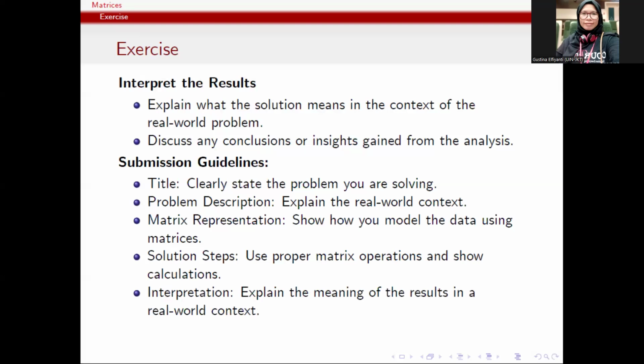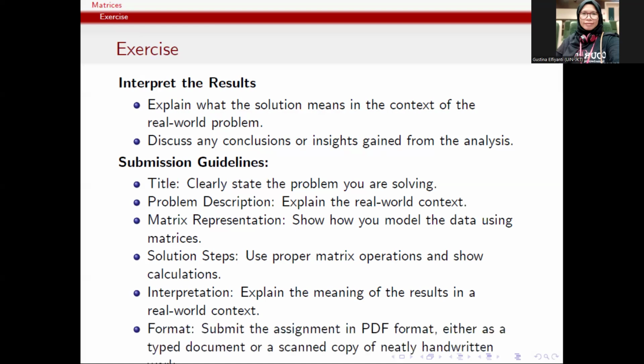And for interpretation, explain the meaning of the result in a real-world context. Please submit the assignment in PDF format, either as a typed document or a scanned copy of neatly handwritten work. Please do your work in a group of 4 to 5 people.